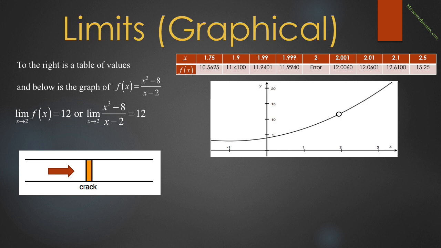We are safe anywhere to the left of the crack. However, the closer we get to the crack on the left-hand side, the closer we get to the alarm going off. So we could say that the limit as x approaches the crack from the left or the negative side is the alarm going off.